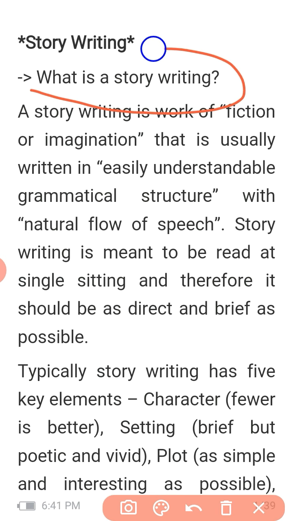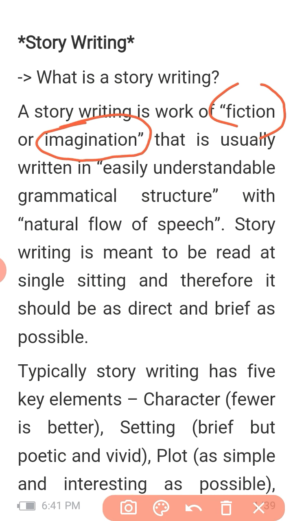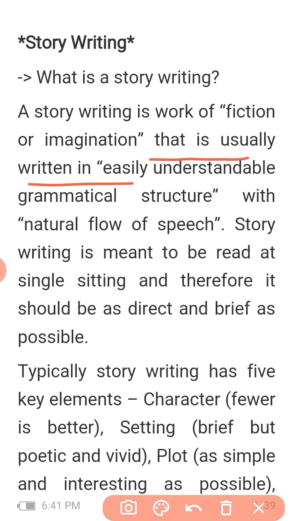So let's understand what story writing is all about. Story writing is a work of fiction or imagination. Fiction means which is not real, and which is not real is imaginary. It is all about your imagination, that is usually written in an easily understandable grammatical structure.